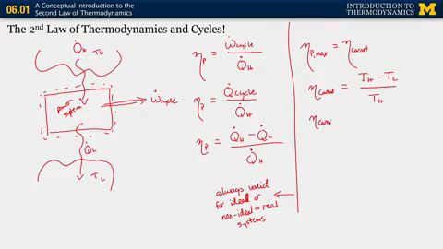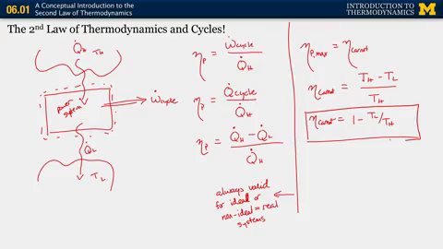The Carnot efficiency for a power cycle looks like this expression, where you simply have the Carnot efficiency defined by the ratio of the low temperature and the high temperature reservoirs. This is really, really important. It sets the upper bound for what we can do.